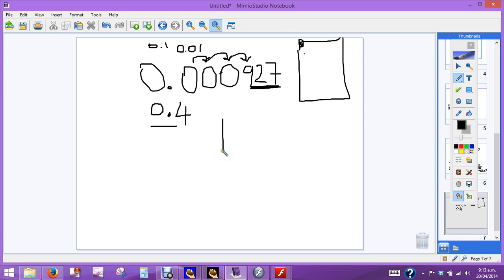Whereas 0.4, if I showed you 0.4, it would be 4 tenths. So it would be nearly halfway. So it would be 4 sticks. Okay? And on a number line, from 0 to 1, if we had tenth divisions, it would be here, 4 tenths, 0.4.